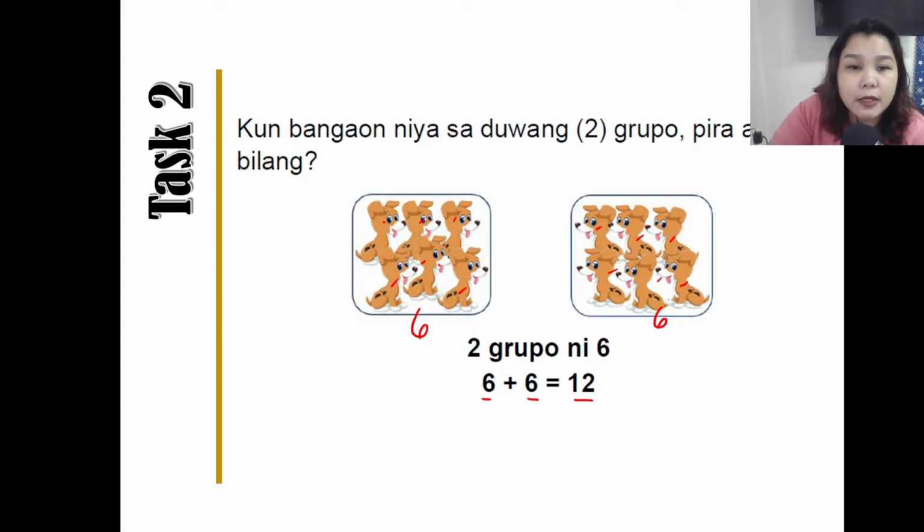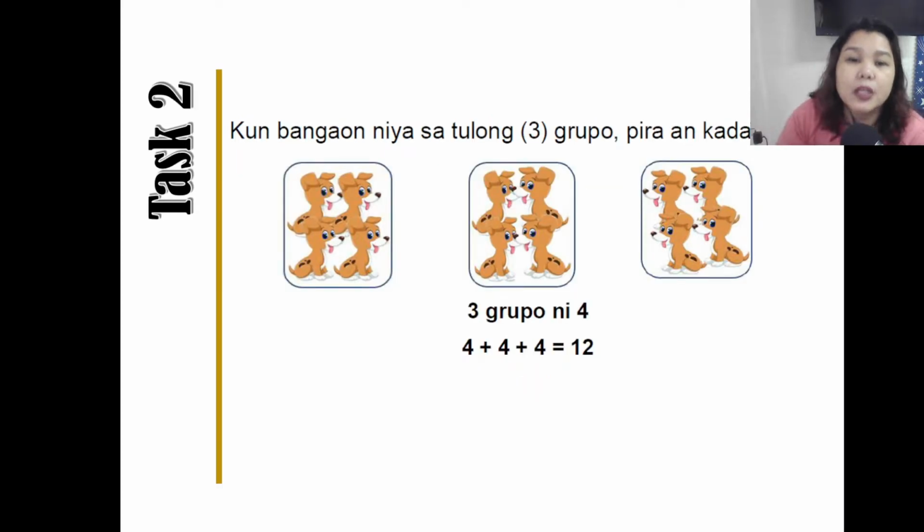Okay. Another, if it will be put into 3 groups, pwede. Walang sobra, walang kulang. So, pare-pareho ang laman. So, if it will be put into 3 groups, so, meron tayong 1, 2, 3, 4. 1, 2, 3, 4. And then 1, 2, 3, 4.